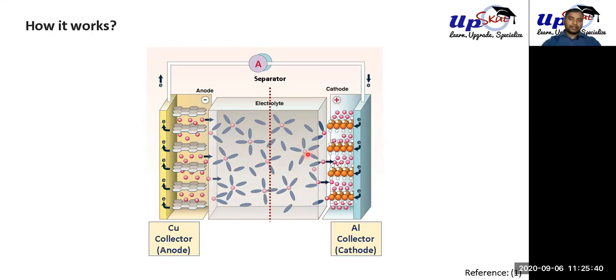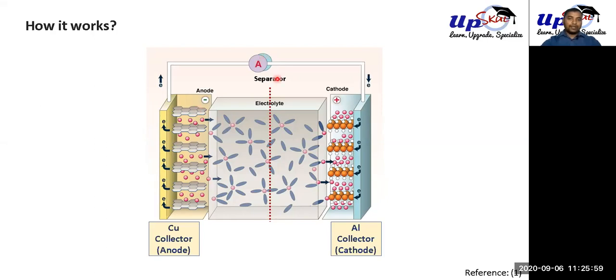Then it transports it to the other side, because the other side is negative and the positive lithium ions are attracted to the negative side. So lithium will travel to the other side, and it will stay that way until we connect a load.